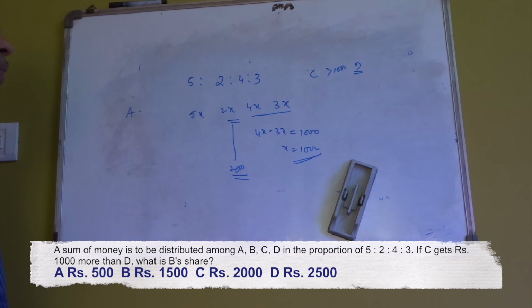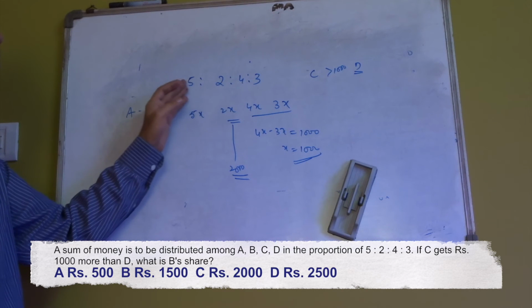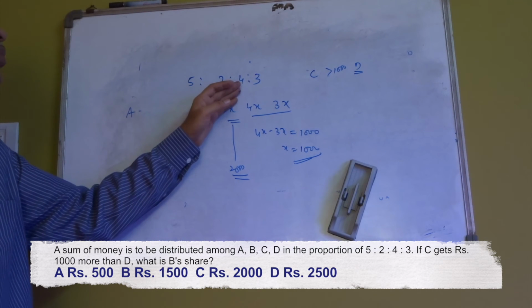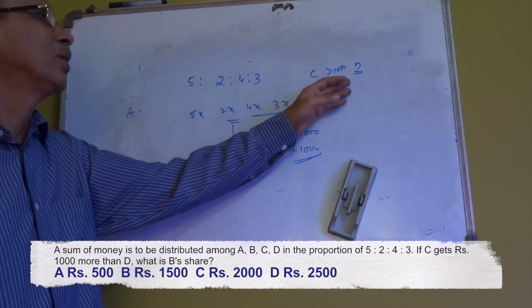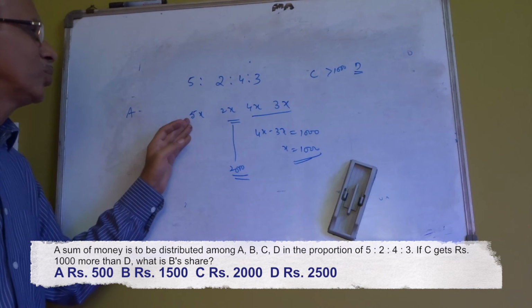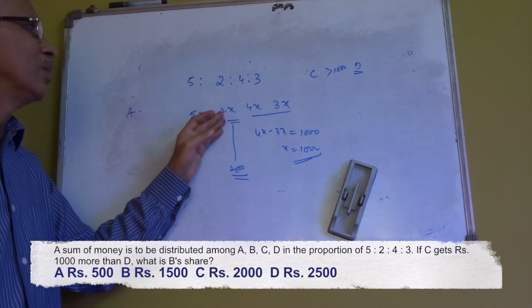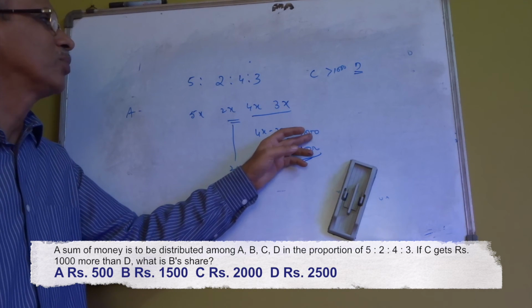Once again, some money has to be distributed amongst A, B, C, D in the ratio 5 is to 2 is to 4 is to 3. And if C gets 1000 more than D, what is B's share? Let us say the amounts received are 5x, 2x, 4x, 3x. 4x minus 3x is given as 1000.